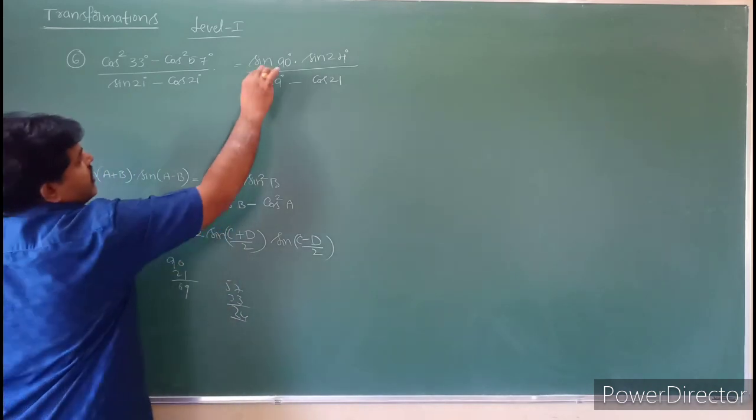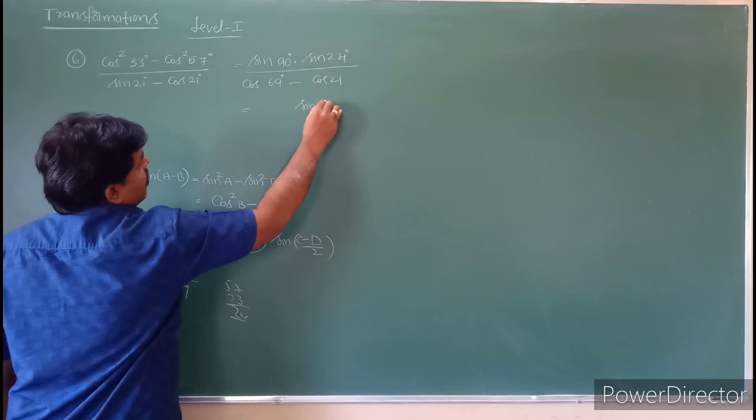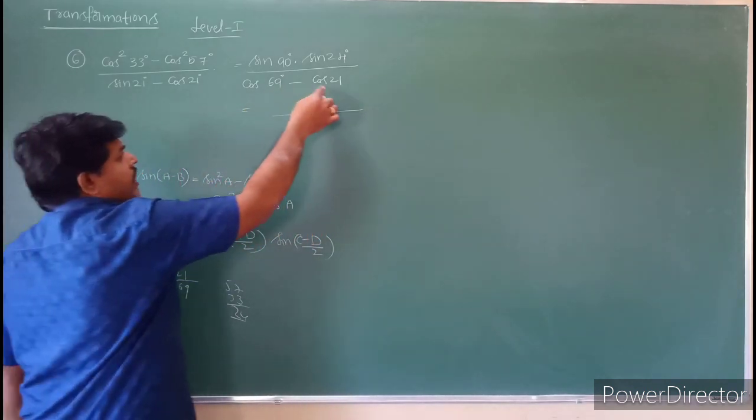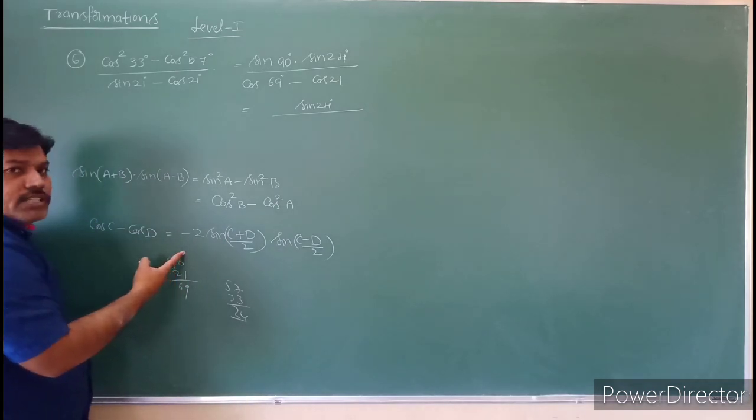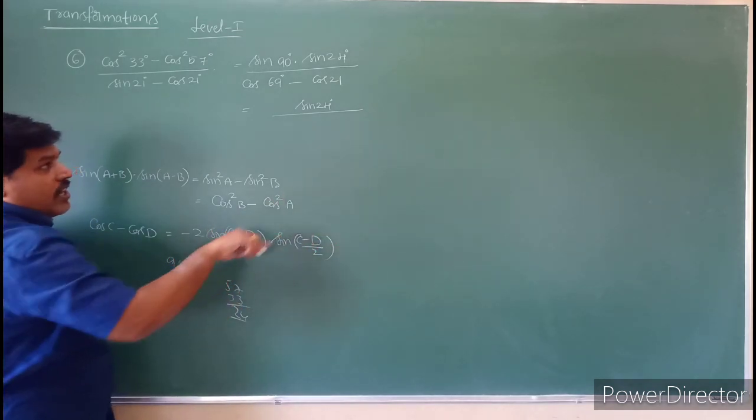So see this one here, sin 90 is 1. So it will become sin 24 by cos C minus cos D. What is the cos C minus cos D formula, students? Minus 2 into sin of (C plus D) by 2 into sin of (C minus D) by 2.